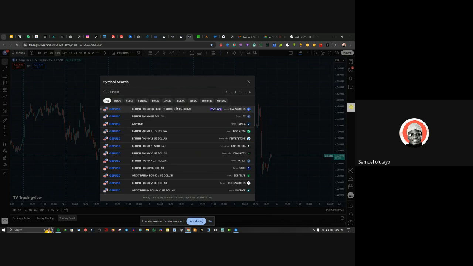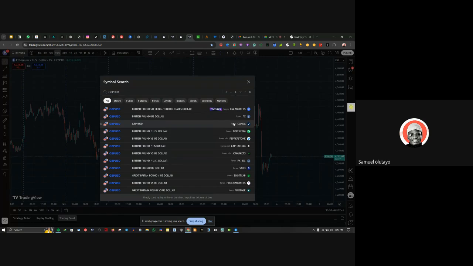So this is their own chart because there are different companies that list GBP USD on this TradingView, right? FX, this is their own chart. Oanda, this is their chart. Forex.com, this is their chart. Pepperstone, this is their chart. Capital.com. So you just need to pick one that is reliable. Personally, I use Oanda to check charts because some of the other charts can be irregular or misleading, right?